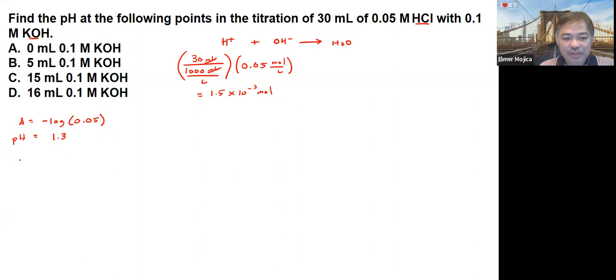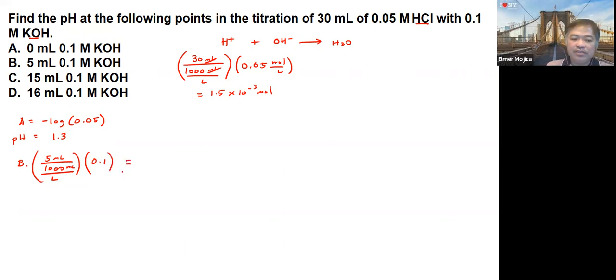Now in part B, you're adding here 5 ml of your 0.1 molar KOH. If you look at the number of moles of the hydroxide ion here, it's 5 ml divided by 1,000 ml per liter, and then you multiply it by 0.1.